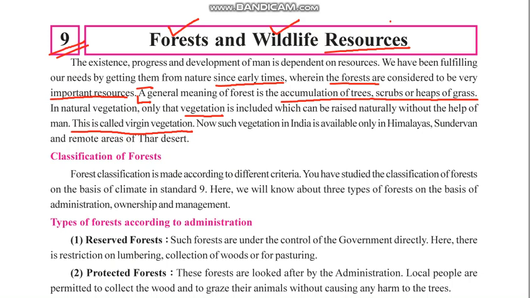Such vegetation in India is available only in the Himalaya, Sundarbans and remote areas of the Thar Desert.